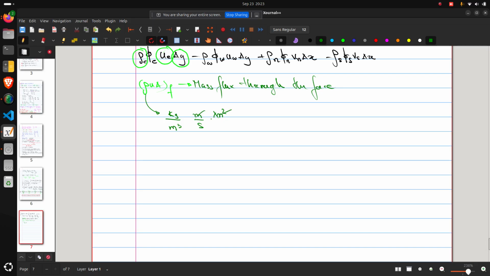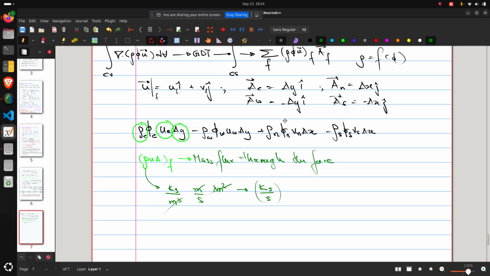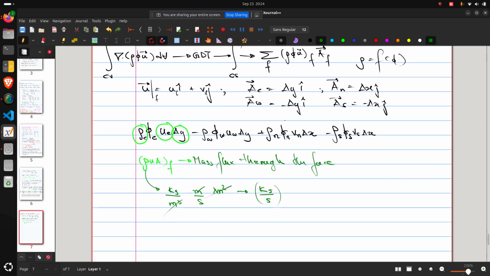So what we are left with is kg per second, that is the amount of mass that is entering or leaving through the face, depending on the signs that you have.